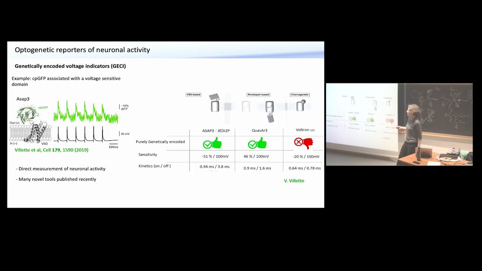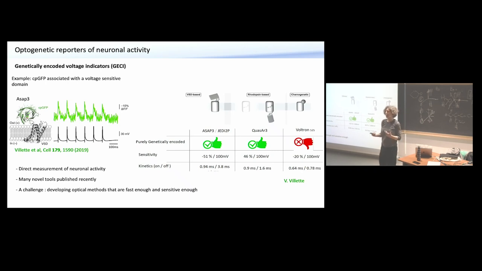And now there are many different tools that exist. I'm not going to present them, but there are tens of tools that exist with all their pros and cons. And most of them have kinetics that are on the order of milliseconds, and the sensitivity they give in vivo, the delta F over F for one spike, is usually in the range of 10%.